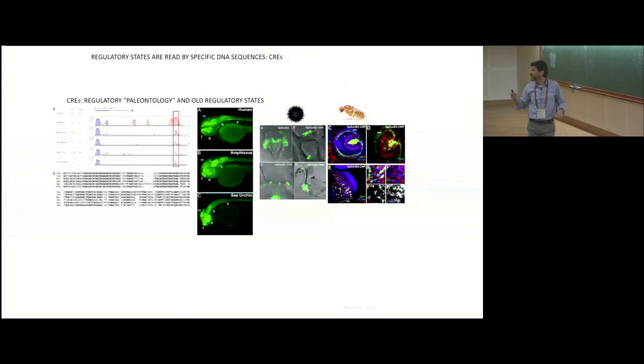But we asked, okay, are there any cells in Drosophila that have the same regulatory state? Which means that there will be some cells in which this enhancer will be activated. And the answer is yes. So you can see here part of the brain of a fly, and you have here in green where the enhancer is active. And these cells are again early neuronal cells in the brain of Drosophila.